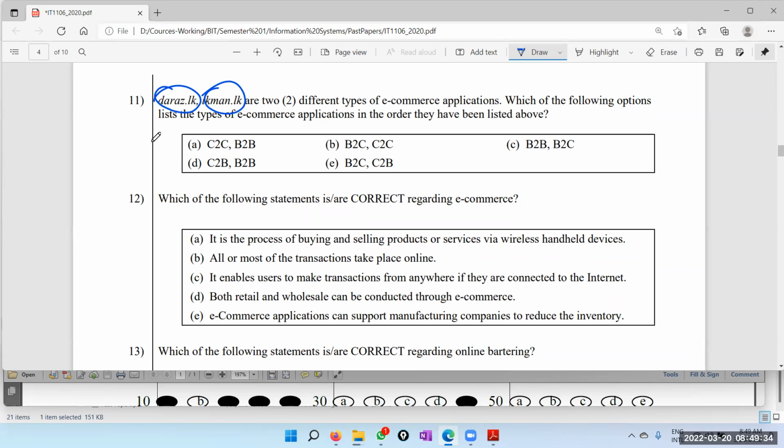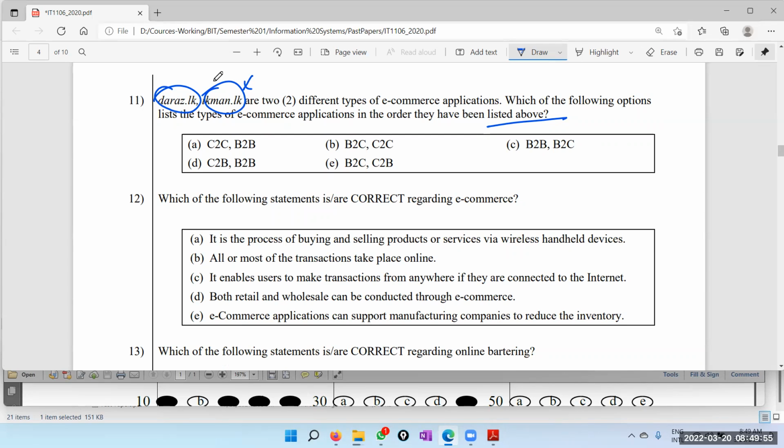Which of the following options list the type of e-commerce applications in the order they have been listed above? So is it Daraz C to C or C to B or blah, blah, blah, and also Ikman.